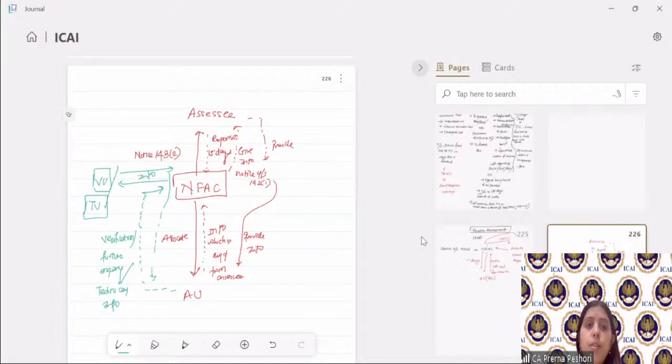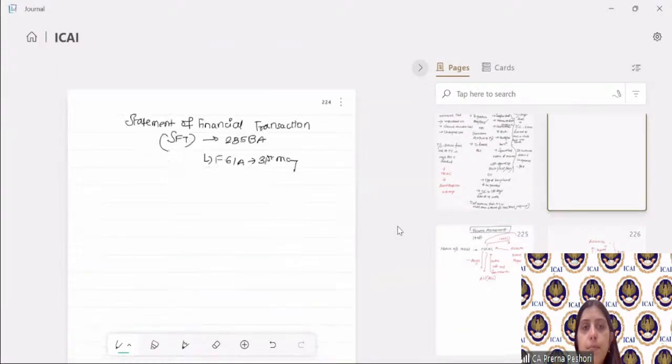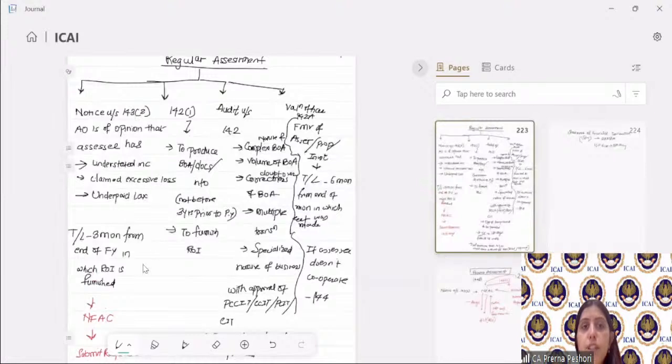Now, as I told you, if say for example the assessee is not giving the information under 142.1, or he is not complying with the notice issued under 142.1 to file the return of income, right?